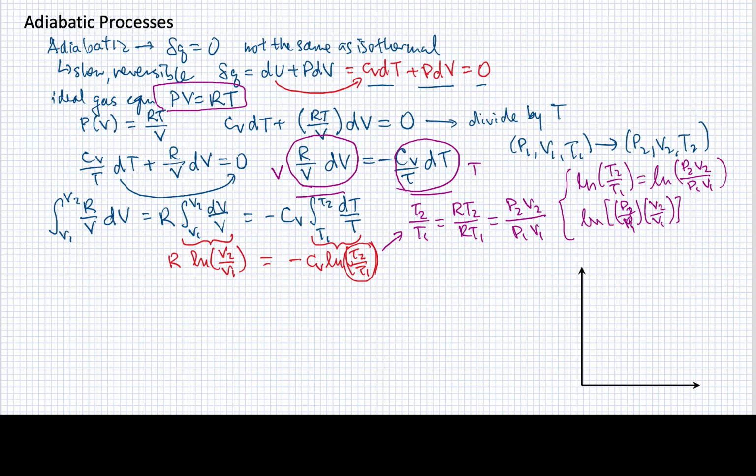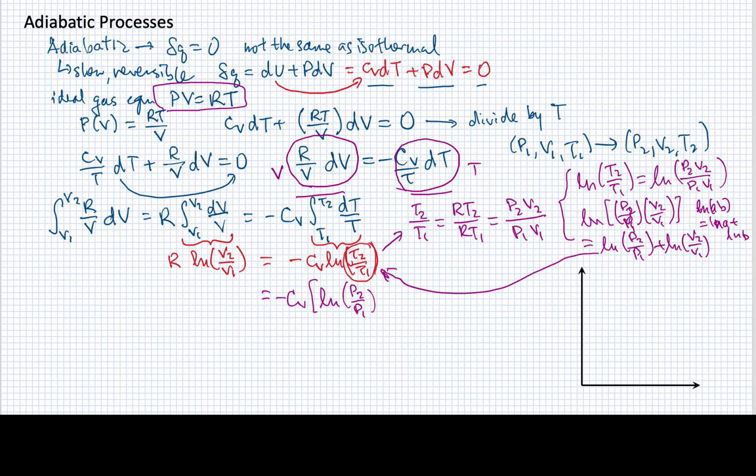And then I have a property of logs that says if I have the log of a product, that's equal to log of one plus log of the other. So I can rewrite this as log of P2 over P1 plus log of V2 over V1. So I've done all of this so that I can simply plug all of this in here for log of T2 over T1. So using this substitution, I'll be able to write negative CV times log of P2 over P1 plus log of V2 over V1.